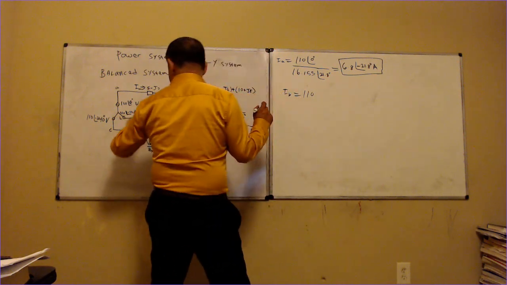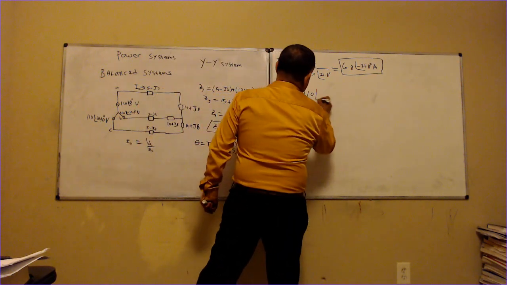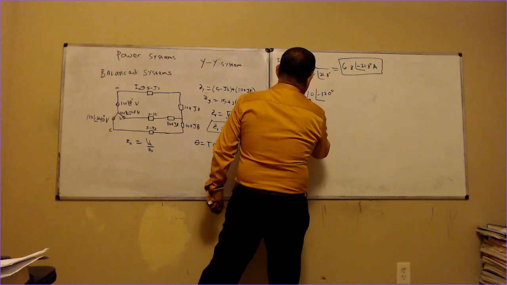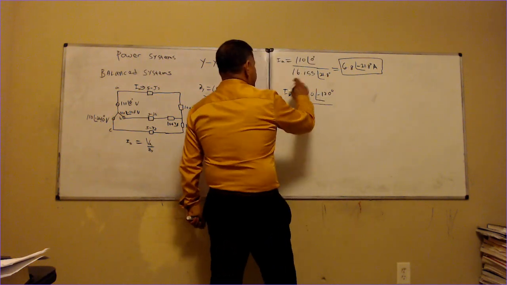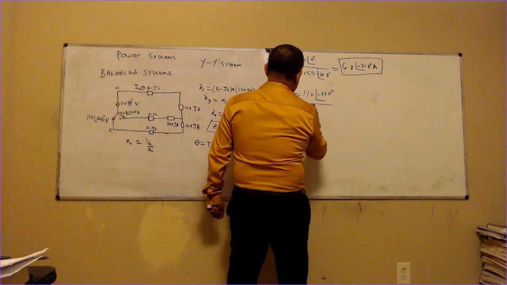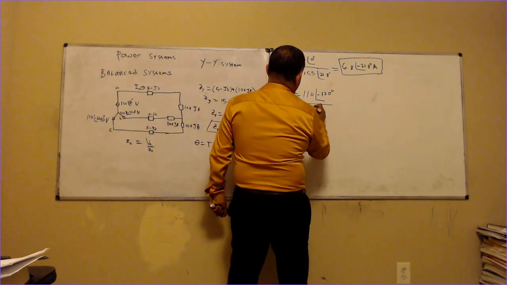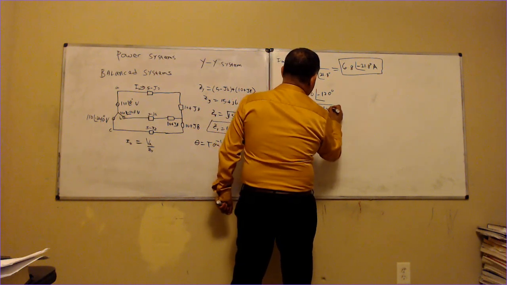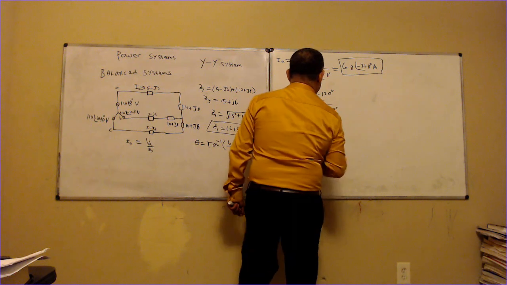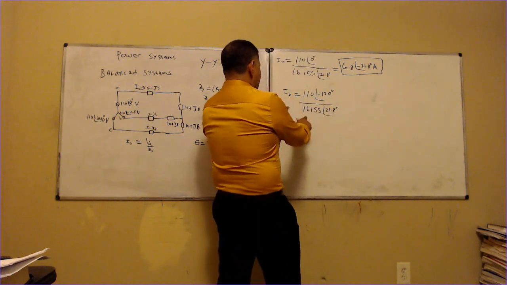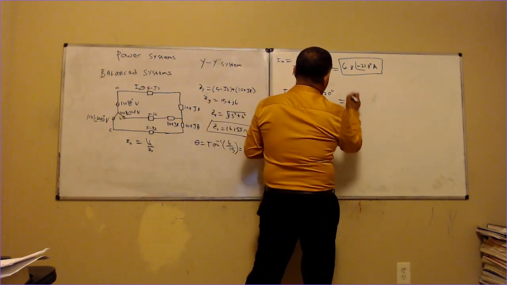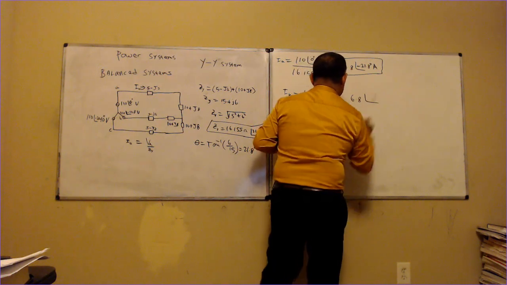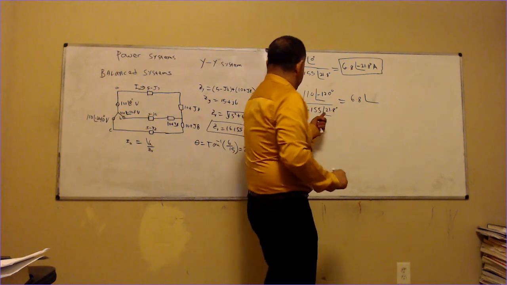IV is 120 at negative 120 degrees, right? And I am dividing that by the same 16.155 at an angle of 21.8 degrees. Now, when I do that, it's going to be the same number, 6.8, but the angle is going to change, right?